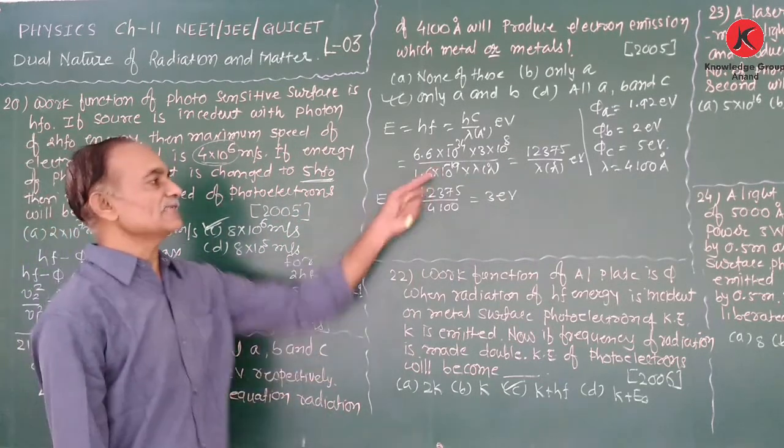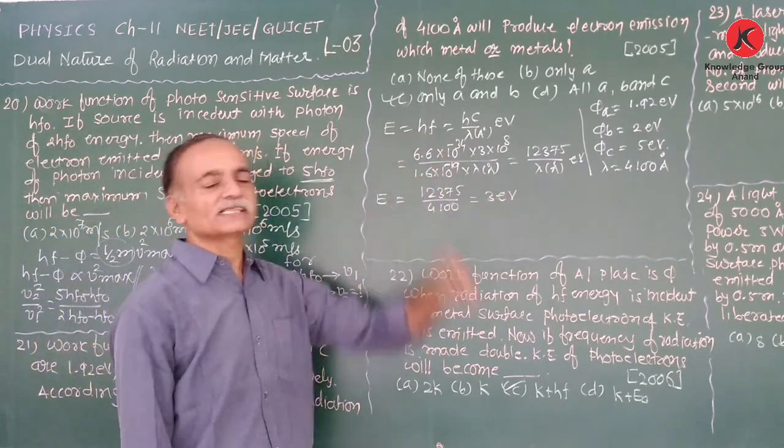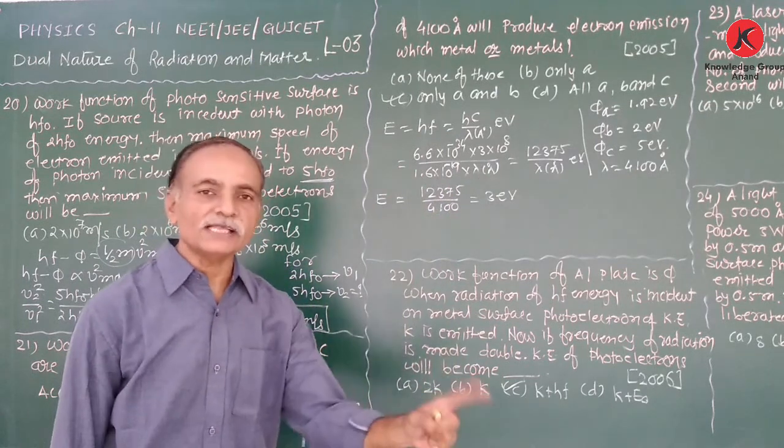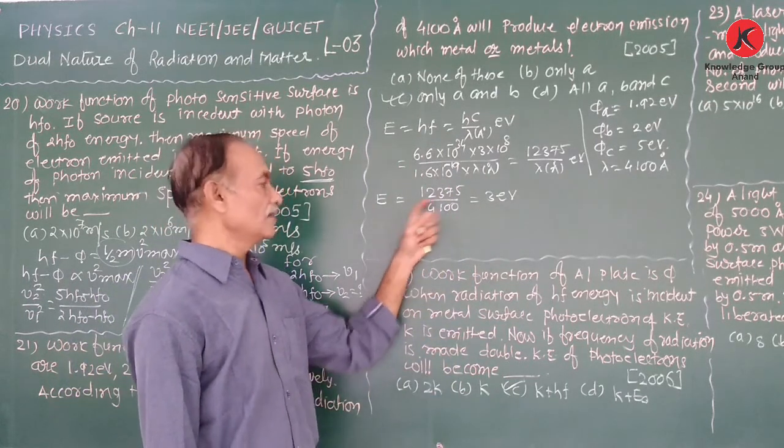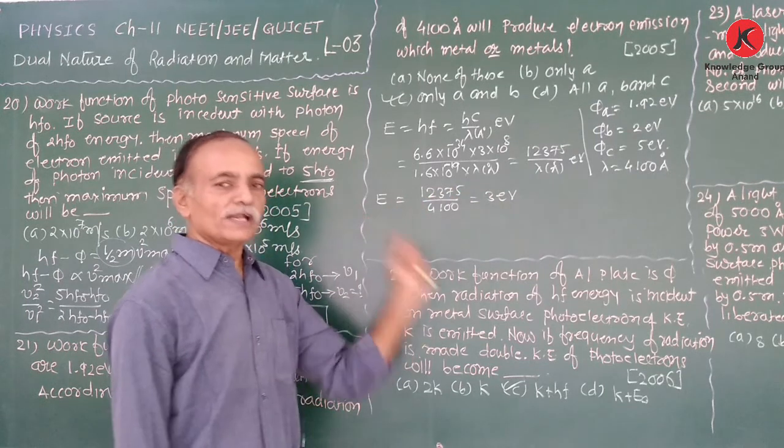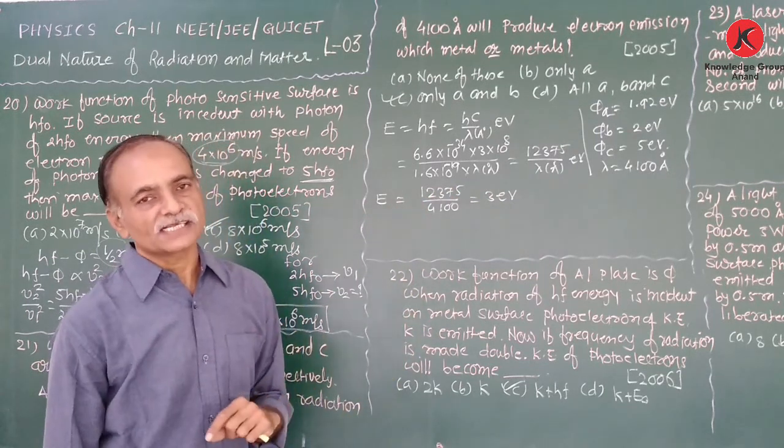Only the metal which has a work function less than this minimum energy will have photoelectron emission take place.